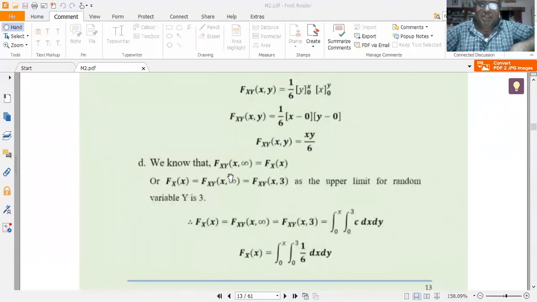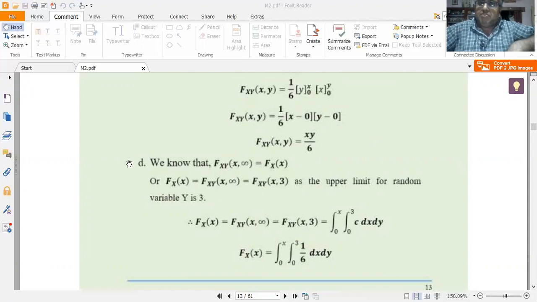I know that capital Fxy of x comma infinity is equal to capital Fx of x from the first video lecture. So I get capital Fx of x is equal to Fxy of x comma infinity.